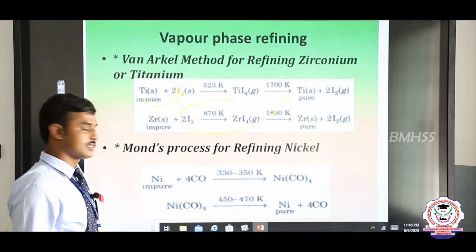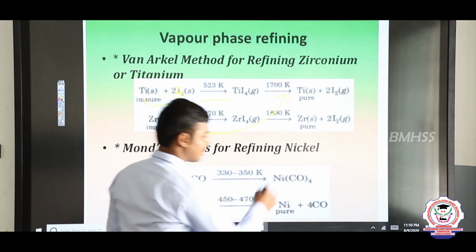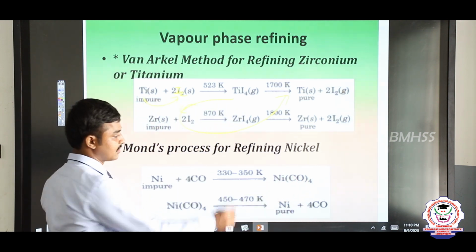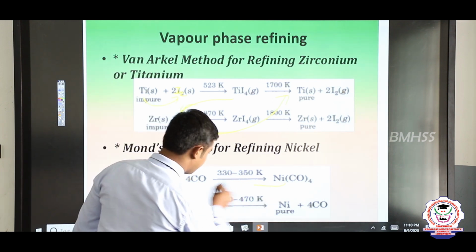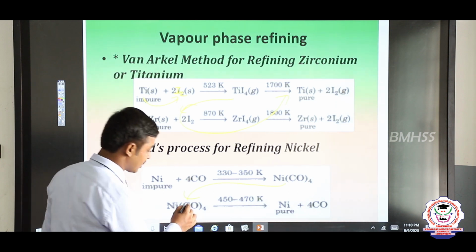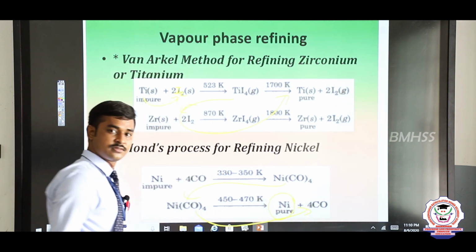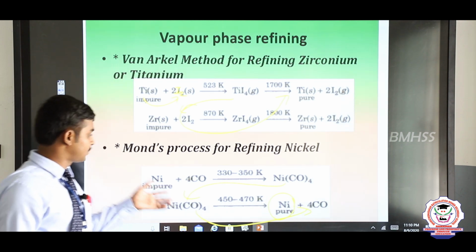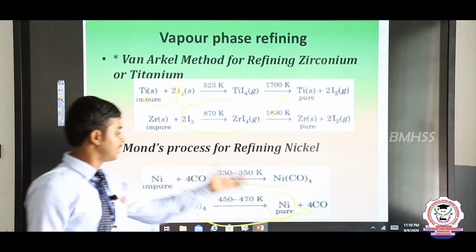And in the Mond process, nickel reacts with carbon monoxide to form nickel carbonyl. At high temperature, the carbon monoxide is removed, and finally the nickel is obtained. So, in this process we have nickel in the reactants and nickel in the products also.